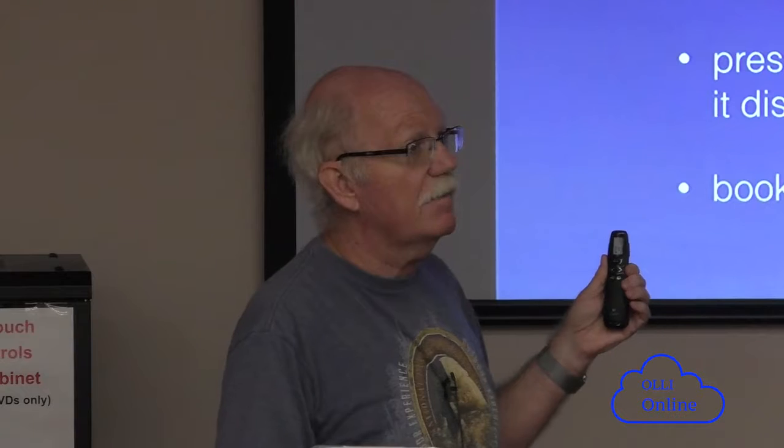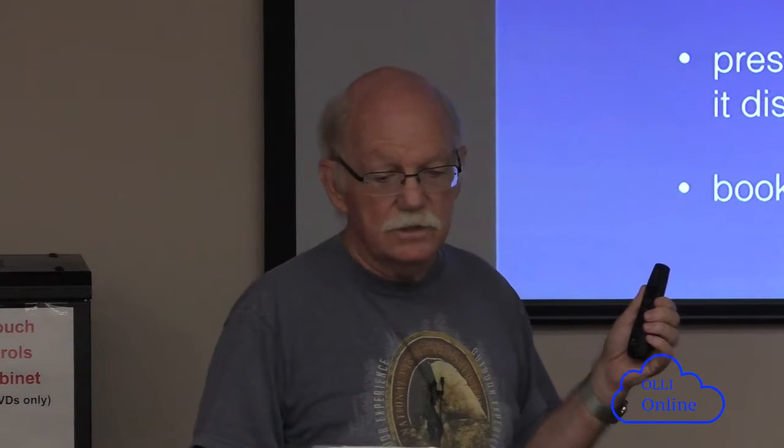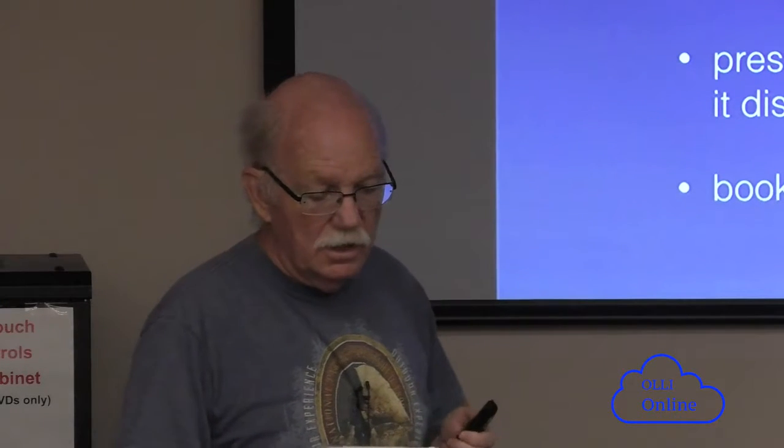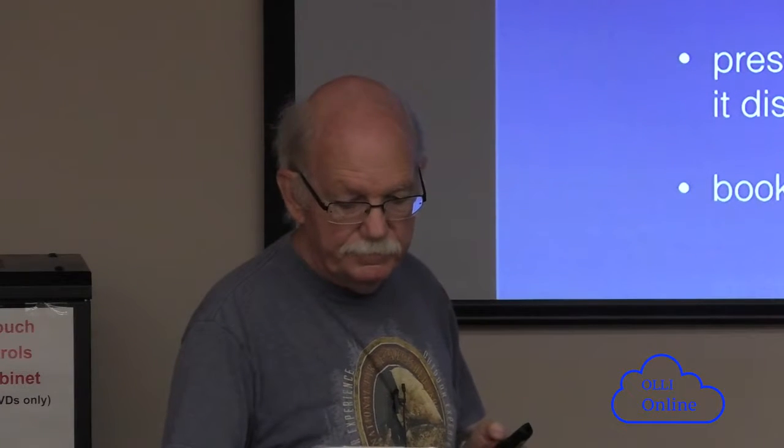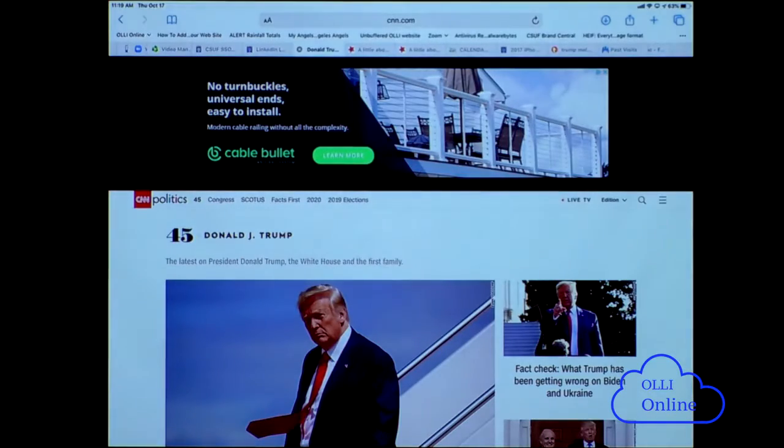Favorites is a different animal. Favorites has two additional features. One is all the favorites show on the top, starting from the first one that's on the top of your list and going out as far as you want to go.